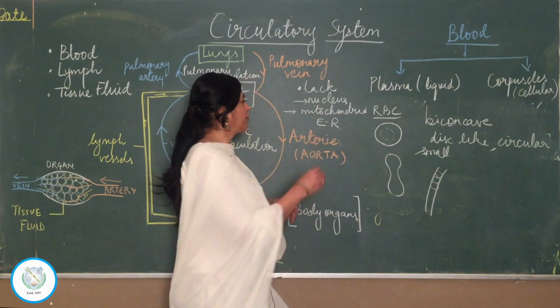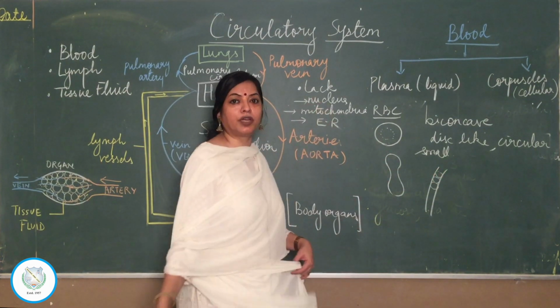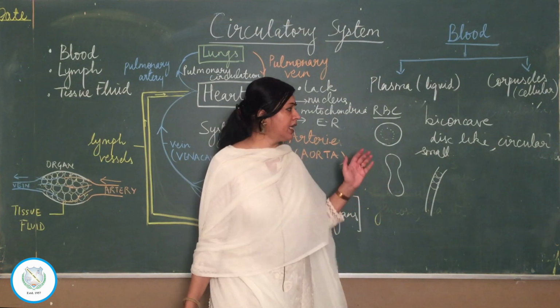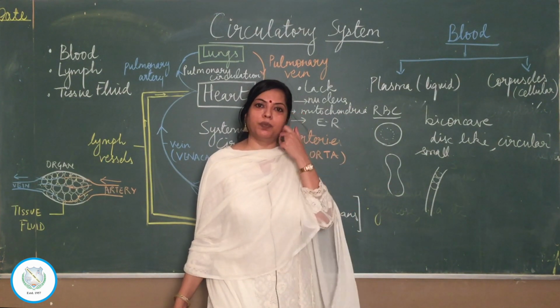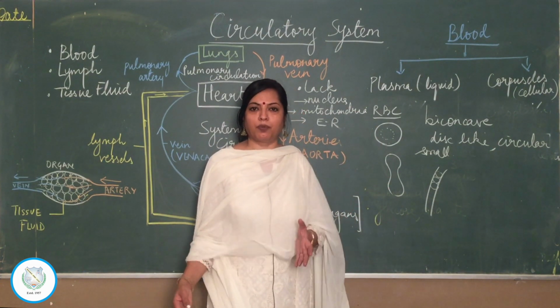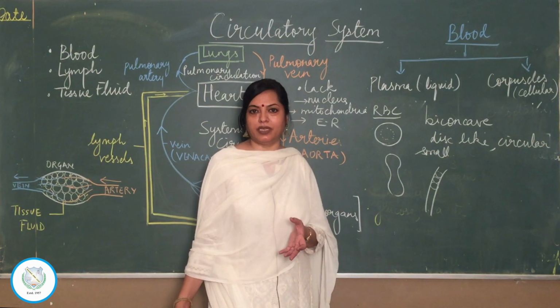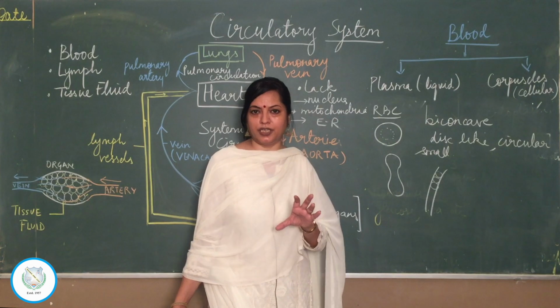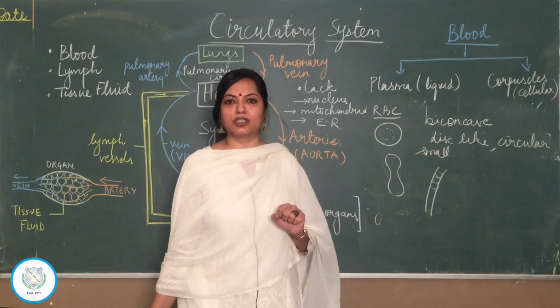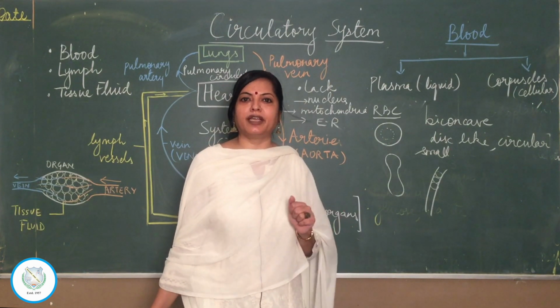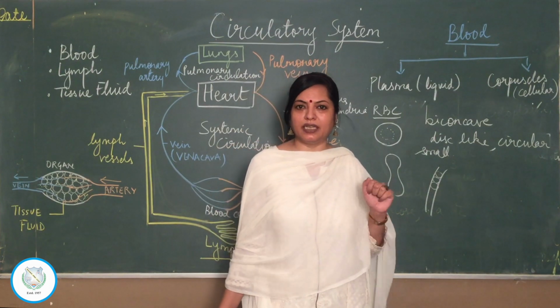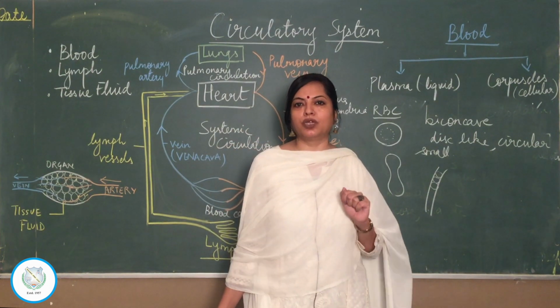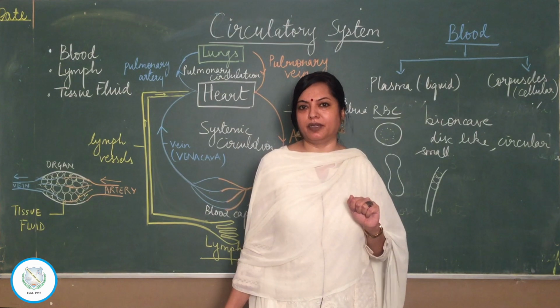And absence of endoplasmic reticulum or ER, how does it help the RBC? Now we know endoplasmic reticulum is the supporting skeleton or the cytoskeleton. Skeleton provides support, keeps the cells stretched, rigid, but when the supporting skeleton is not there, it gives a lot of flexibility to the RBCs. They can easily squeeze and pass through the narrow diameter of the capillaries.